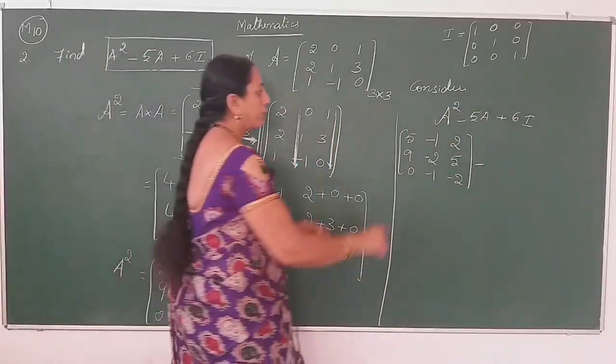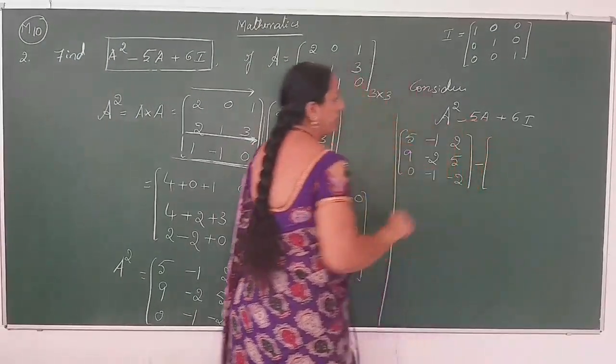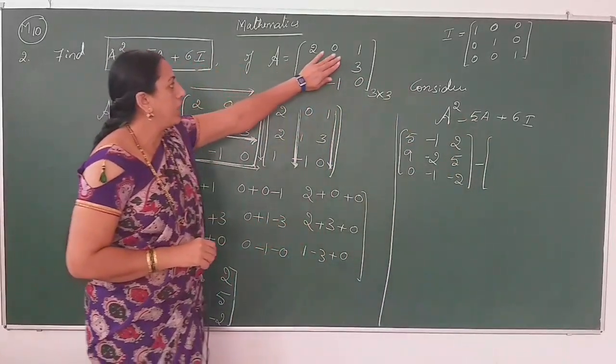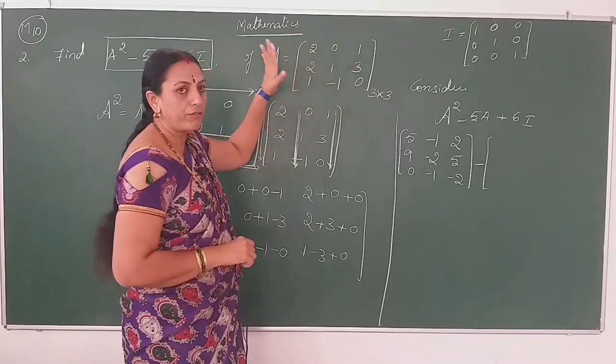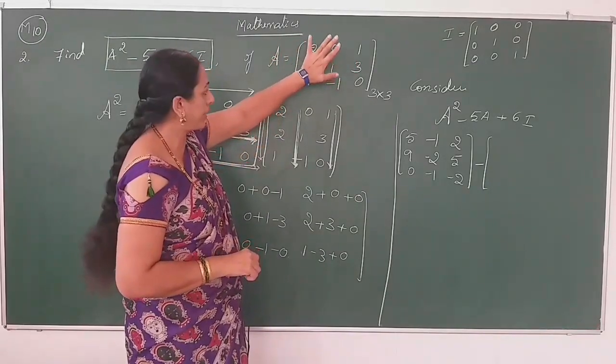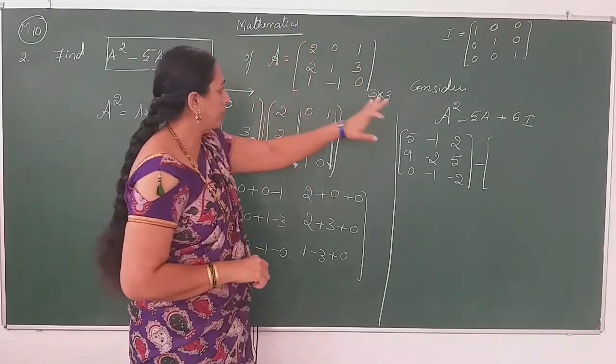Minus 5 into A. 5 into A means all the elements of the matrix A are multiplied by 5.